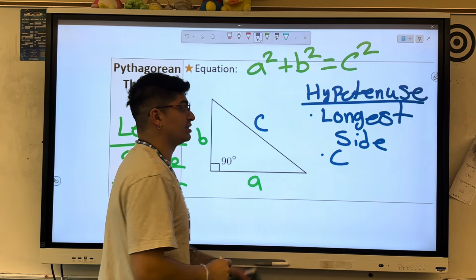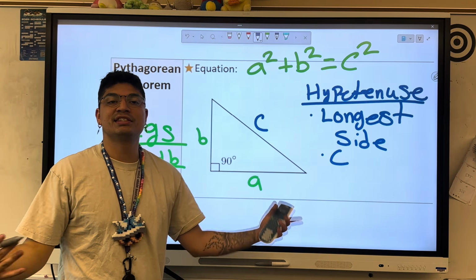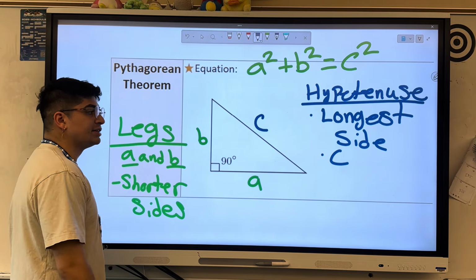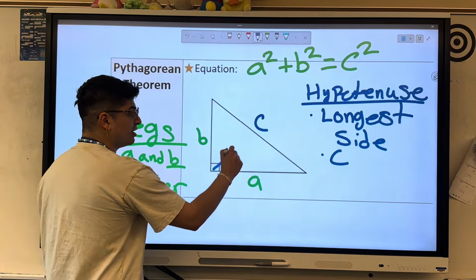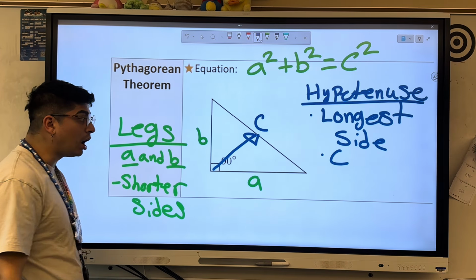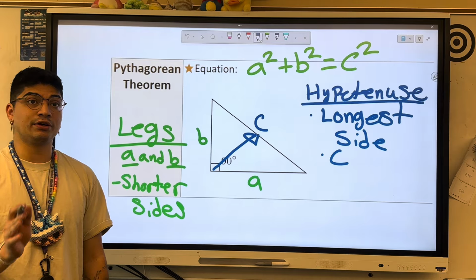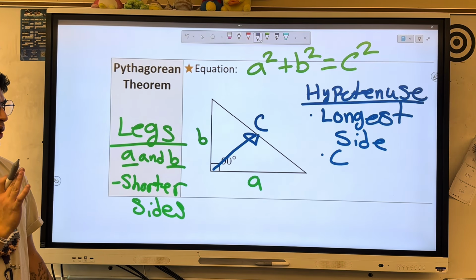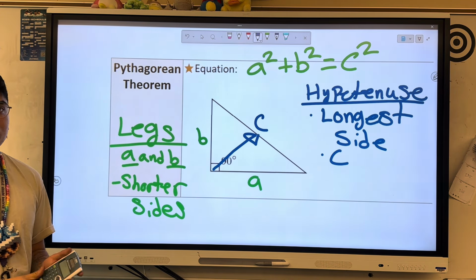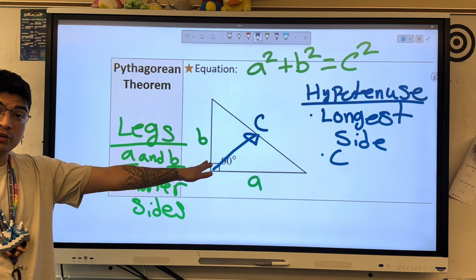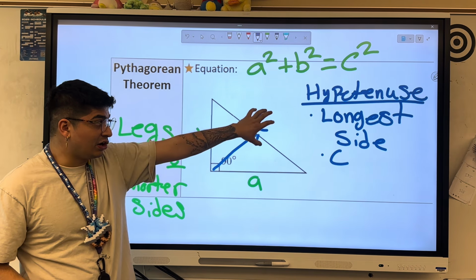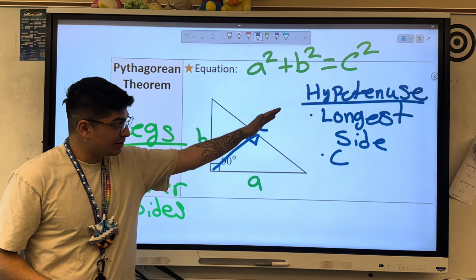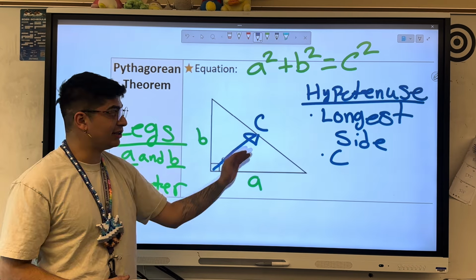The hypotenuse is the longest side, and it's the C side. And you know that it is because it is opposite to the 90-degree angle. So if you're ever not sure what the B, A, or C is, look for the 90-degree angle, and the longest side is always diagonal to that.